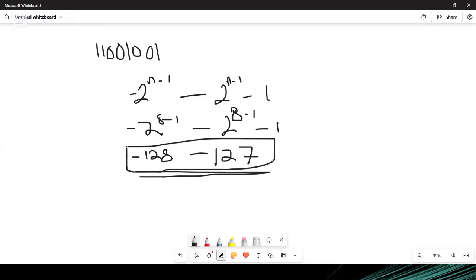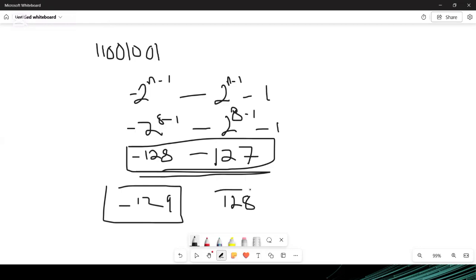If you store minus 129, there will be an overflow. If you store 128, there will be an overflow. The signed 8-bit integer says I can only store from minus 128 up to plus 127.